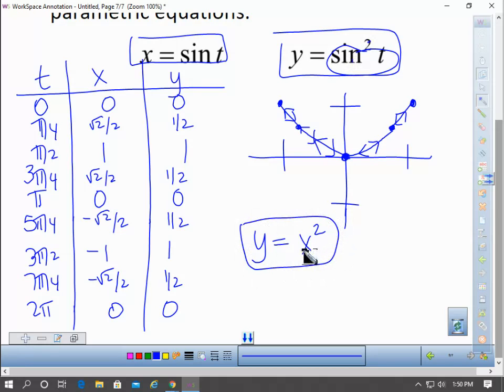So it is the parabola y equals x squared, which is exactly what we got in our drawing, except for our x value, we are only moving between -1 and 1. And we are moving infinitely back and forth.